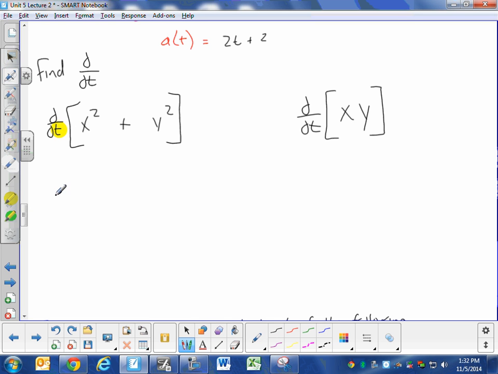Well, it's simply the derivative of the outside, 2, leave the inside alone, times the derivative of the inside, x with respect to t, dx/dt, plus the derivative of y squared: derivative of the outside, leave the inside alone, times the derivative of the inside.